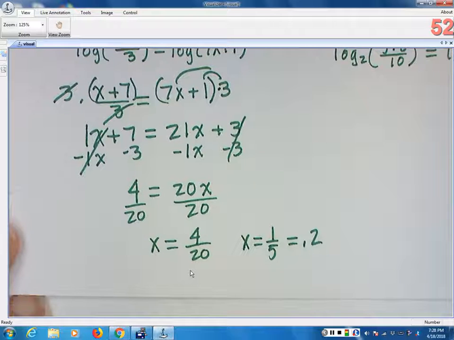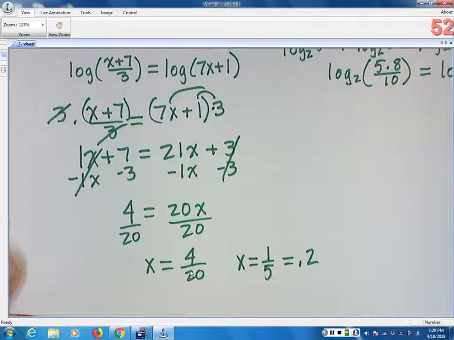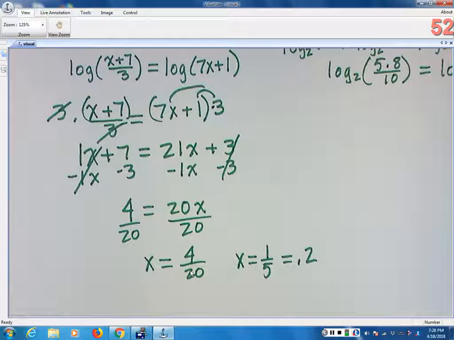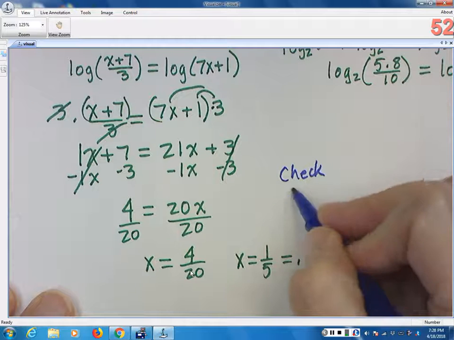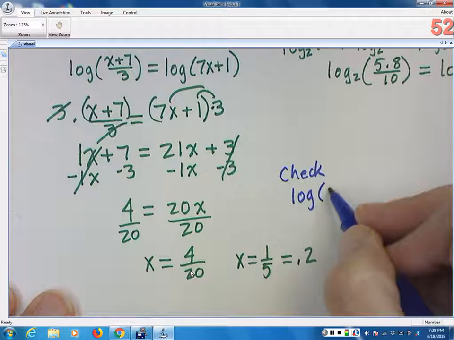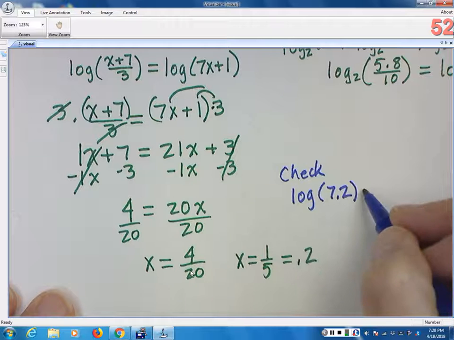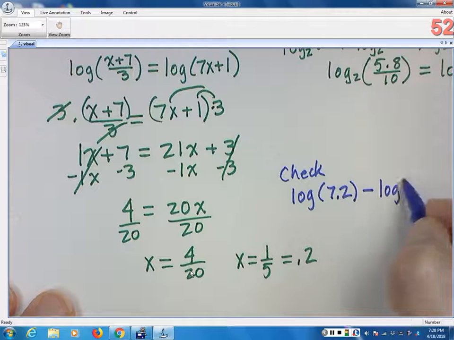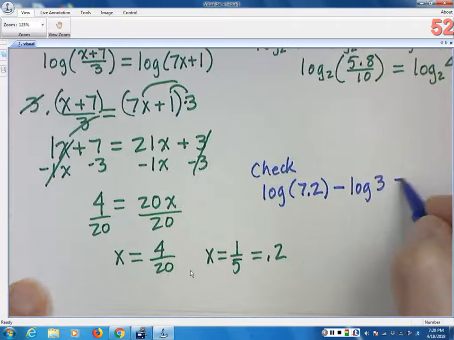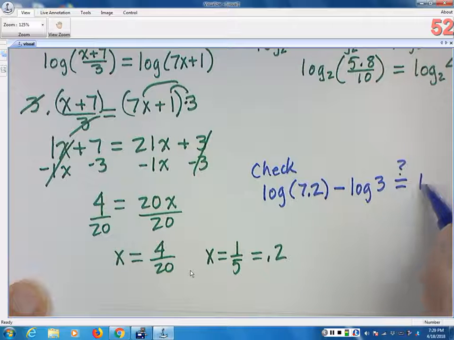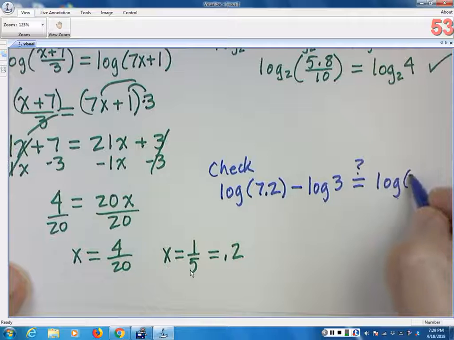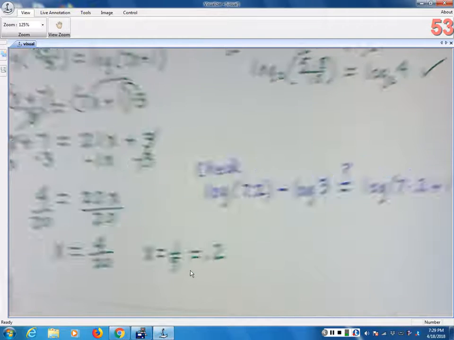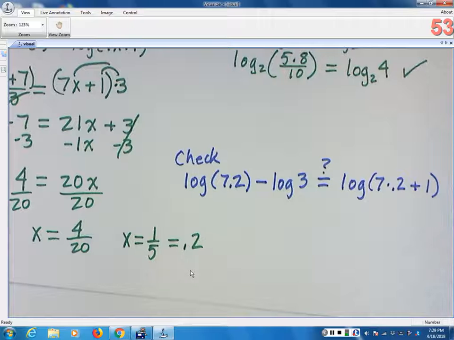Now, can we put that in here? We can even check this. This is plain log. So we're going to check: log of 7.2 minus log of 3. Does that equal log of 7 times 0.2 plus 1? So we'll put that in our calculator and check.